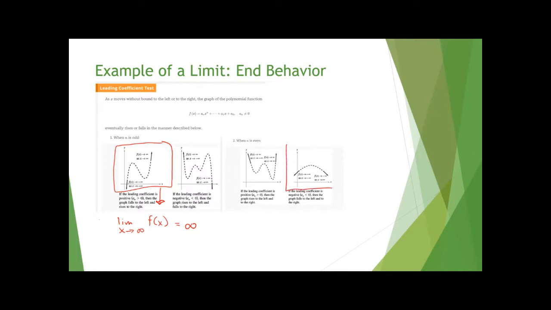Let's take a look at this one, and we're also looking as x goes to positive infinity. As x goes to positive infinity, our graph is going down, down, down. So the limit is negative infinity, because it's going down towards negative infinity as our x gets larger.